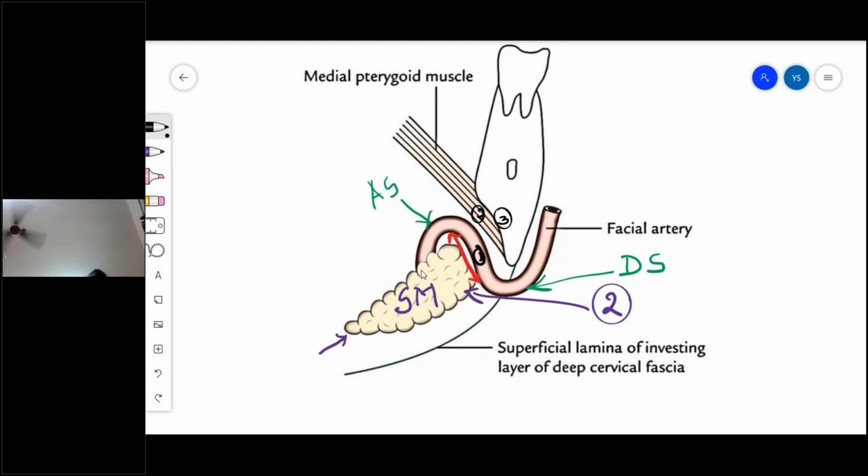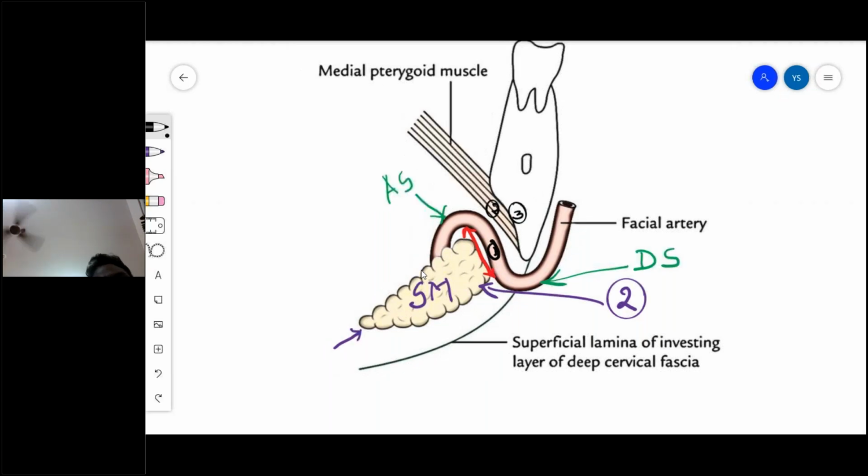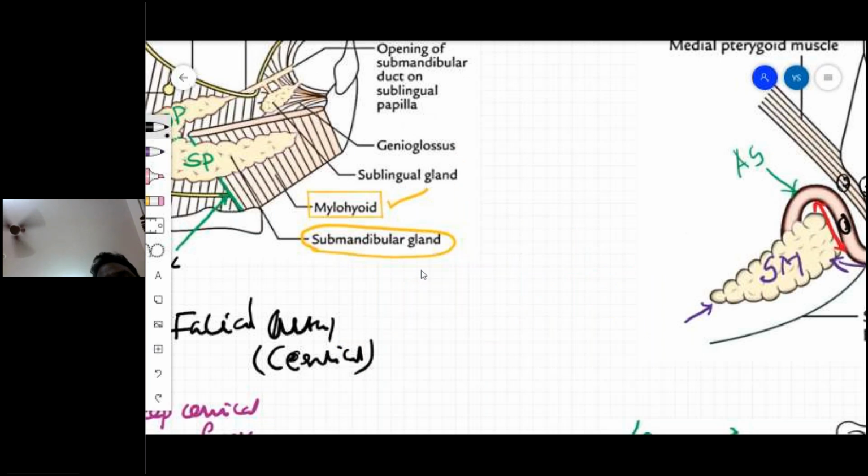Again, I'm repeating lateral surface relations. Number one, descending loop of facial artery. Number two, medial pterygoid muscle. And number three, submandibular fossa of the mandible. These three form the relations of lateral surface. Now we write down the relations of lateral surface.